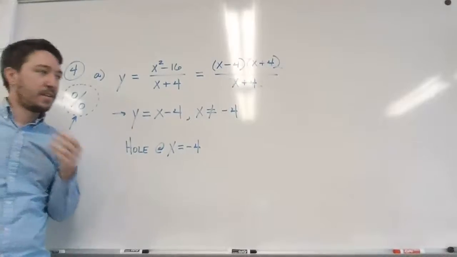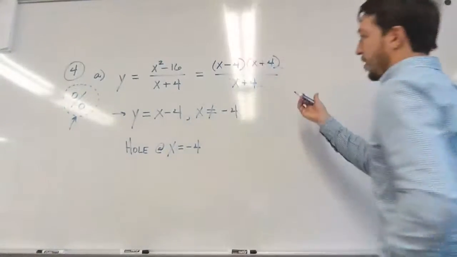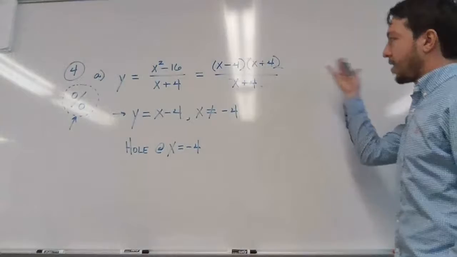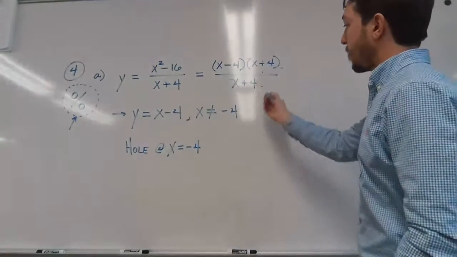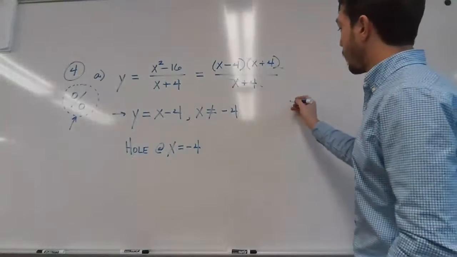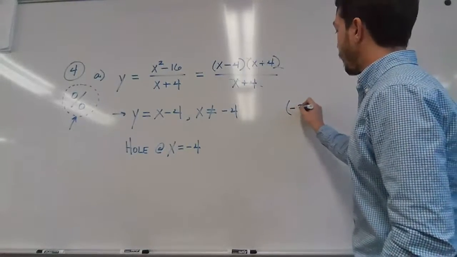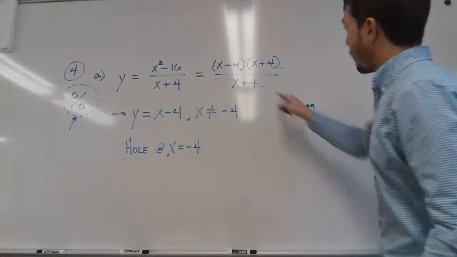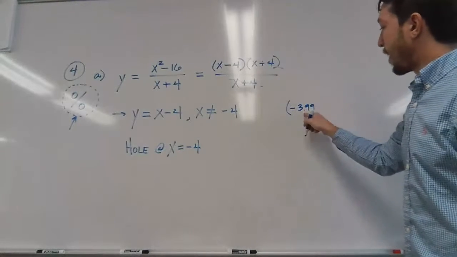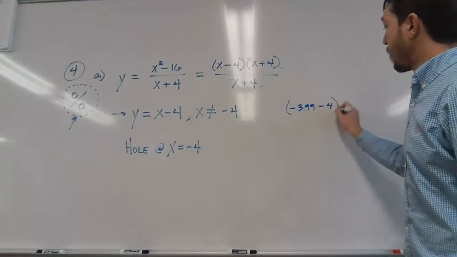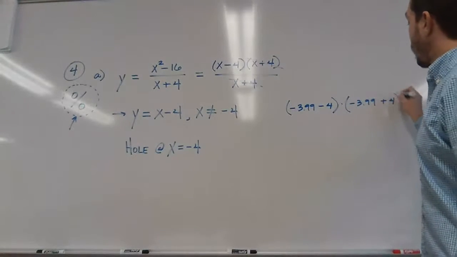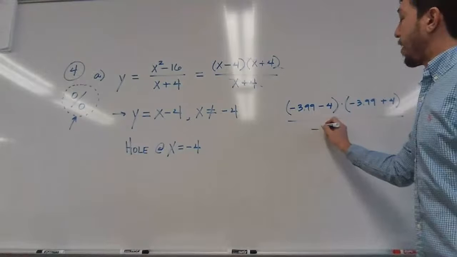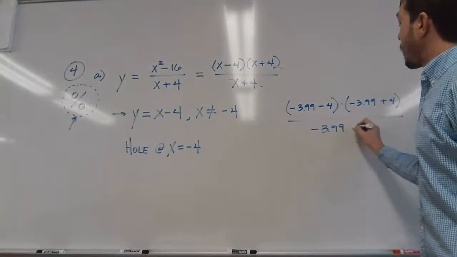A little bit. So what I'm saying is, I'll show you. This is a pretty important idea if you really want to understand what we're doing. Why is this a hole and not an asymptote? Well, pick a number really close to negative 4. So I'm going to pick negative 3.99. I'm going to plug that in for all my x's. So negative 3.99 minus 4 times negative 3.99 plus 4 over negative 3.99 plus 4.